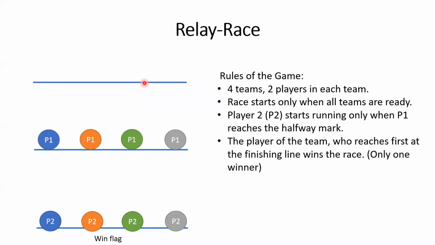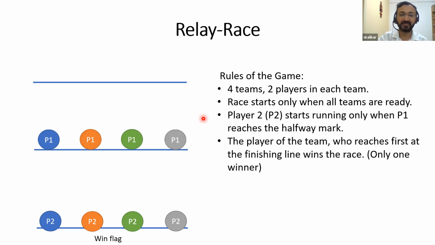So basically, for example, for the blue team, I want to coordinate the communication between P1 and P2. Exactly. P1 should tell P2 that this guy has reached the halfway mark and P2 should start running. That is one feature of this game.